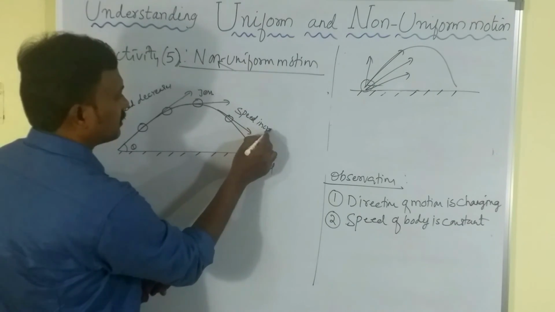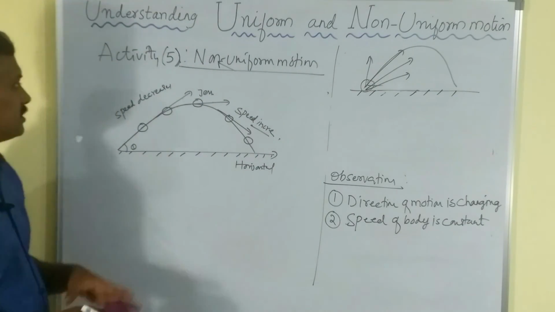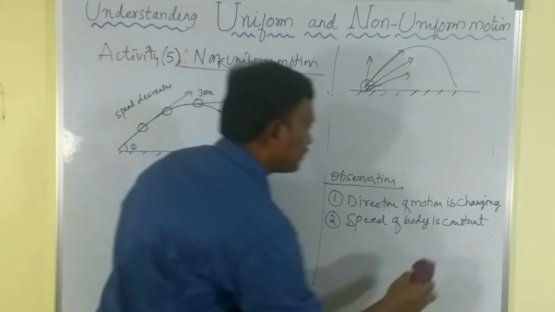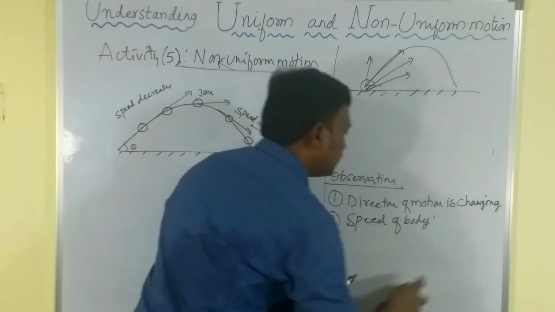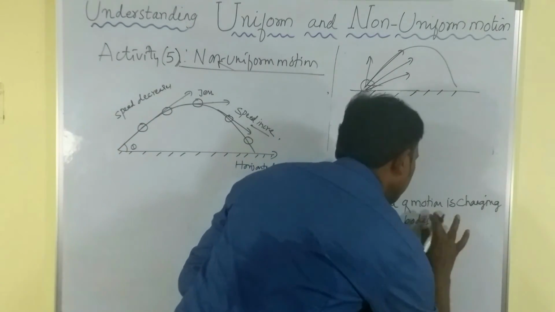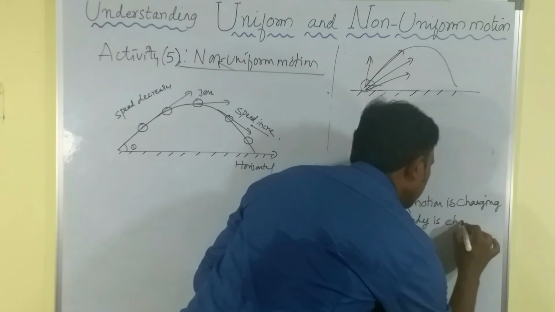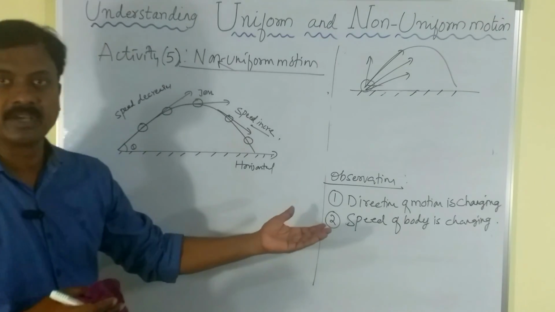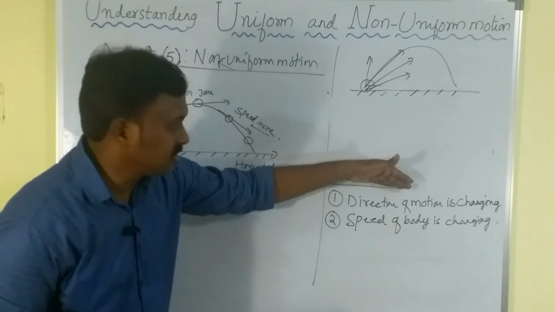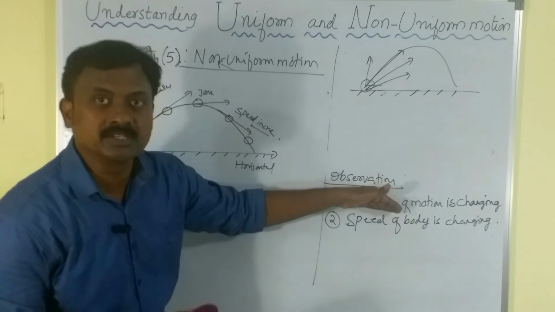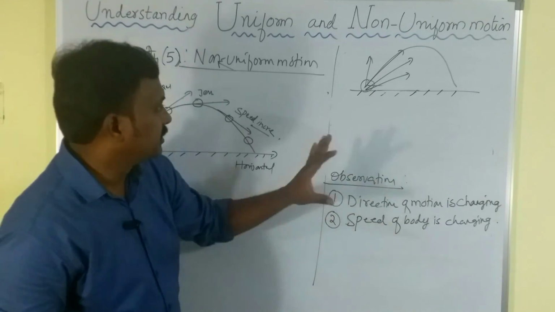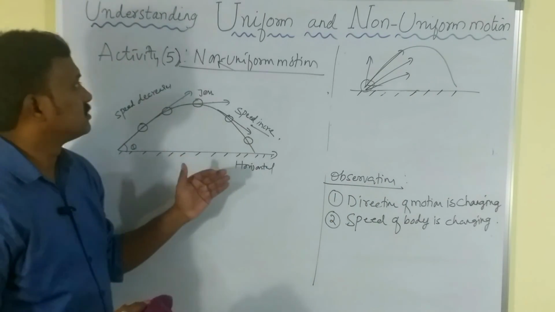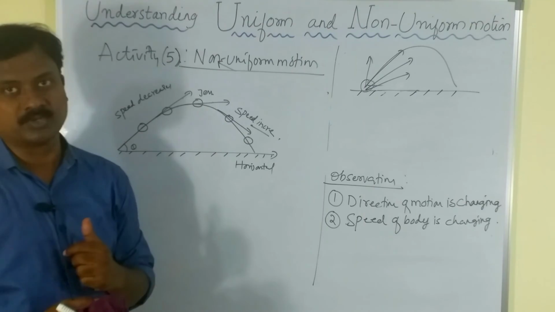So the speed of the body is again not constant, it is changing. Here we can observe, children, the direction of motion is changing and the speed of the body is also changing. So this kind of example also comes under non-uniform motion.